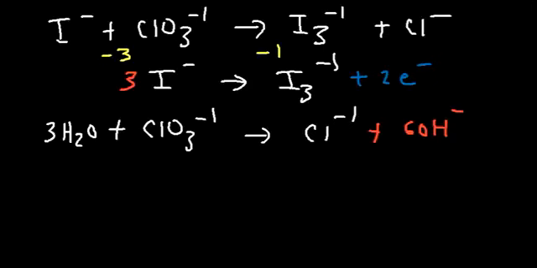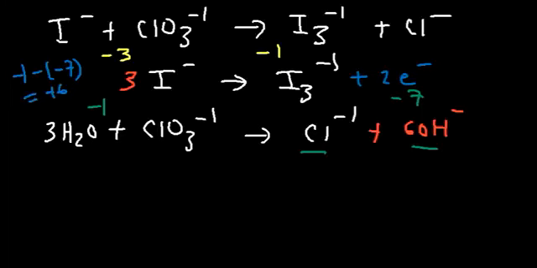The total charge on the left side is negative 1. On the right side we have negative 1 plus negative 6. So we have a total charge of negative 7. These numbers differ by 6. If we take the large number minus the small number, negative 1 minus negative 7 is the same as negative 1 plus 7, and you get positive 6.